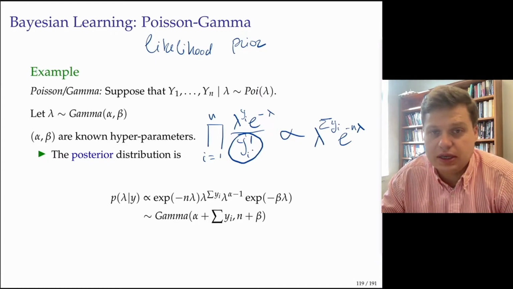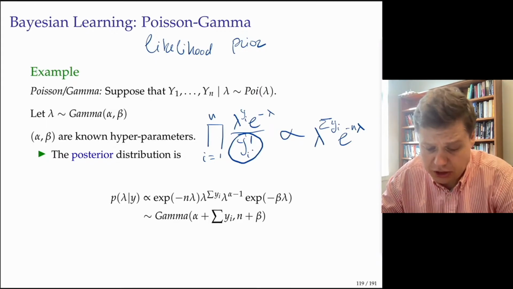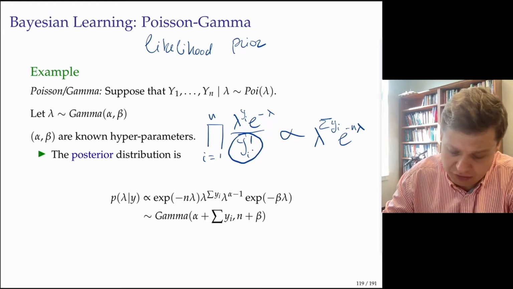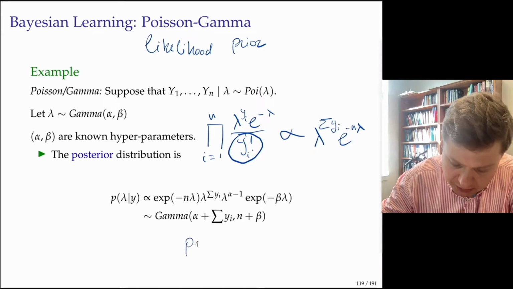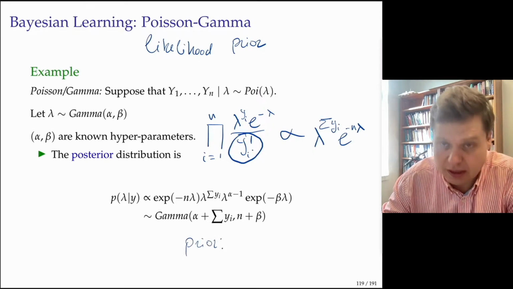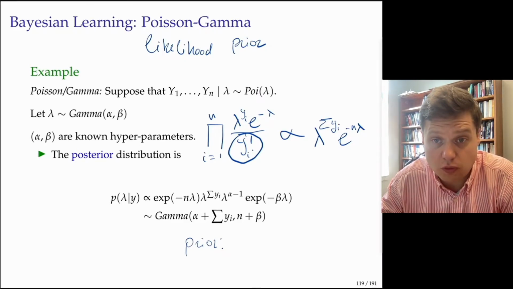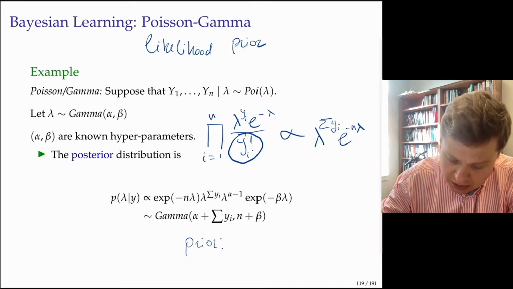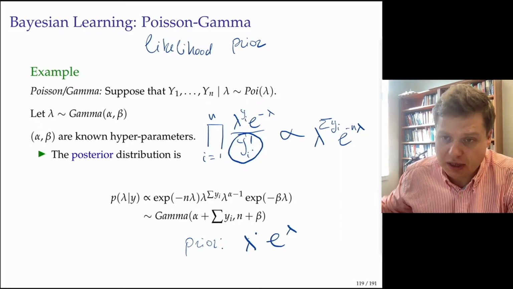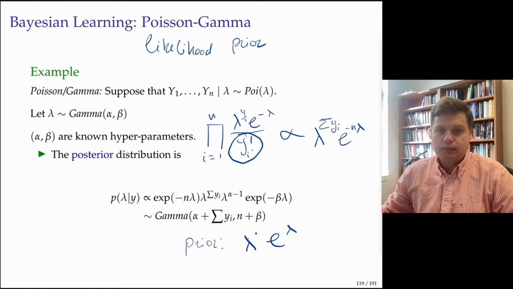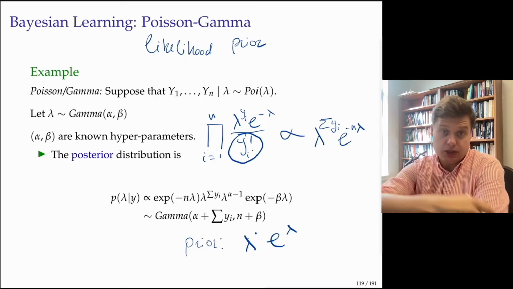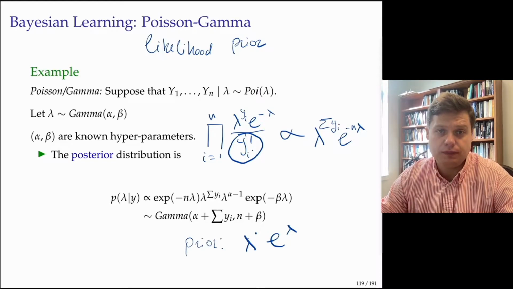Now, if you want to understand what would be the conjugate prior for this likelihood, you basically have to find some prior that has a form that resembles the functional form of the likelihood. So we need lambda raised to some power, and then we need an exponent, and we want lambda here, or some linear function of lambda in the exponent. And there is a known distribution that has this functional form, and it's a gamma distribution.